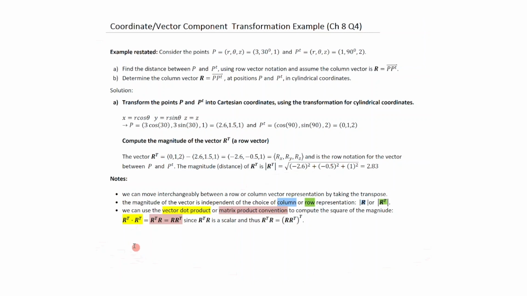That's equivalent to taking a row vector times a column vector in matrix form. So this is not a dot, this is a multiplication. Or you can take its transpose, and that's going to give you a scalar. They're equivalent to each other. So you're free to use the dot product convention or the matrix convention, just recognizing what the rules are.